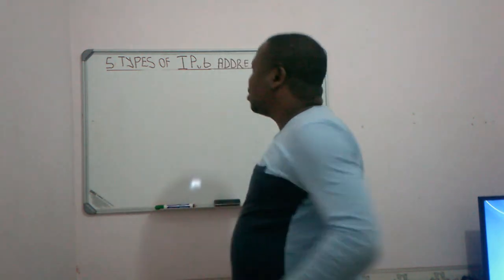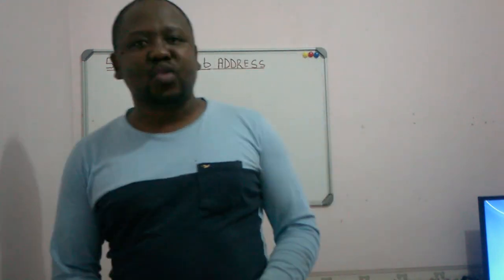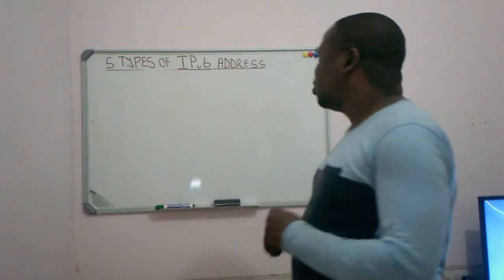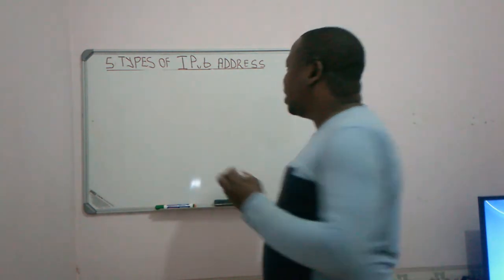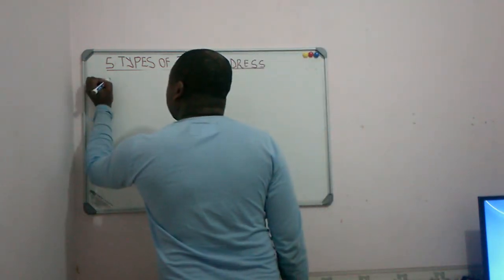So I've been talking also about hexadecimal, decimal, and binary, but I never dwelled on it. I never explained it thoroughly. So what I would like to do is explain it.